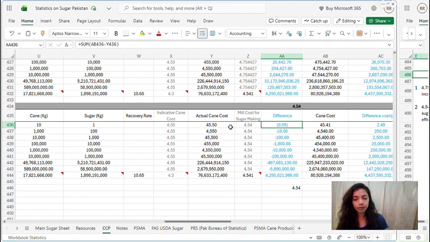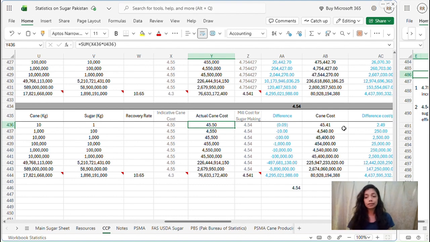So 45.50 it costed them, but after making sugar, they found out that they produced it at a lower price of 45.41. The difference is 9 pesos.